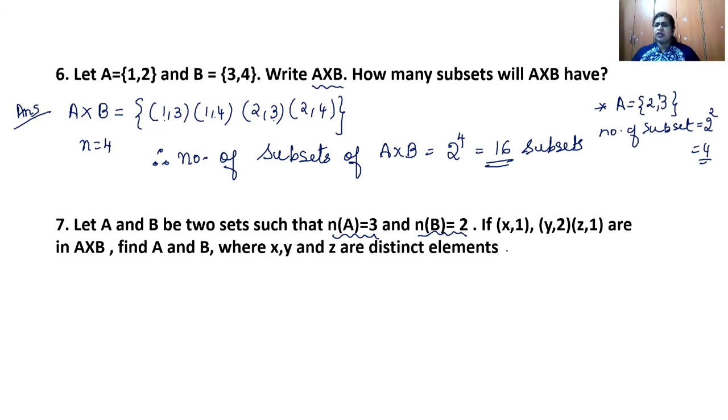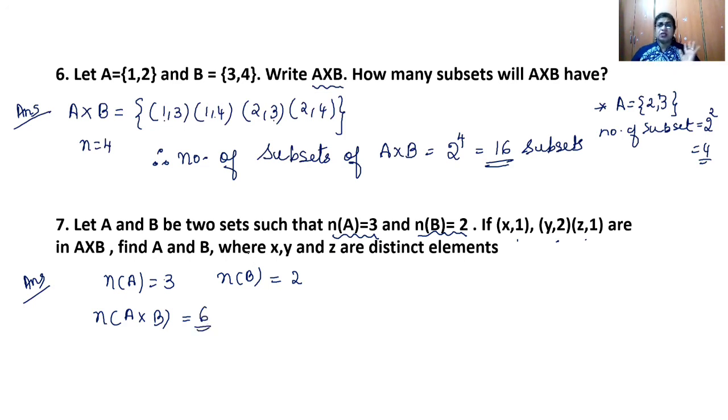They have given only 3 ordered pairs: x, 1; y, 2; z, 1 are present in A cross B. I have to find the set A and the set B. Before that, let me find how many elements A cross B has. The number of elements in A is 3 and in B is 2, so A cross B has 3 into 2, which is 6.